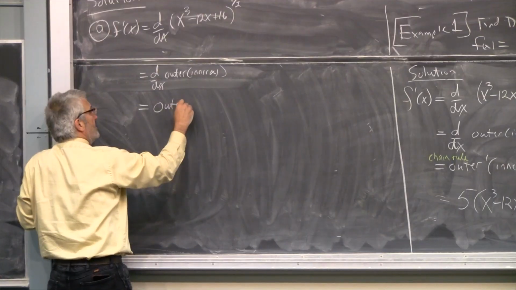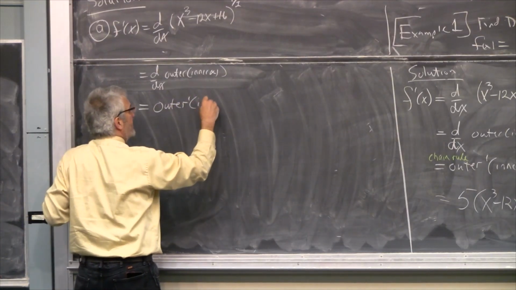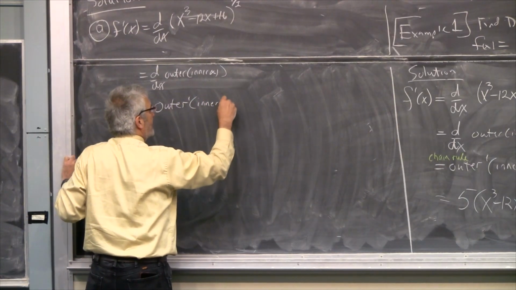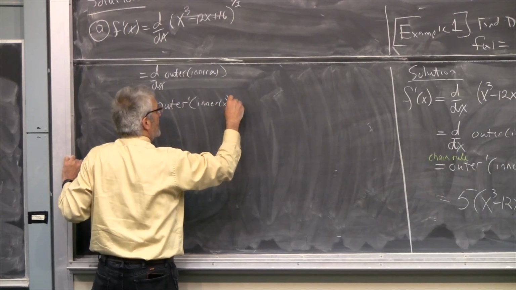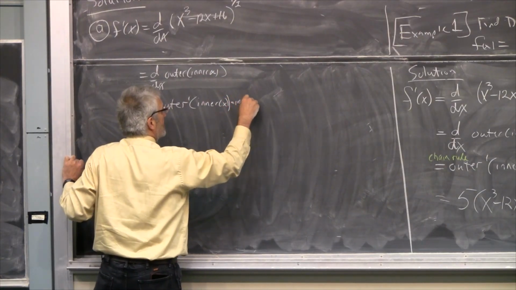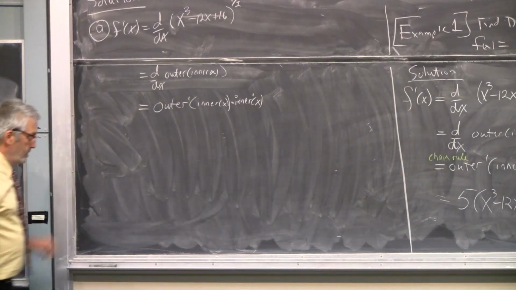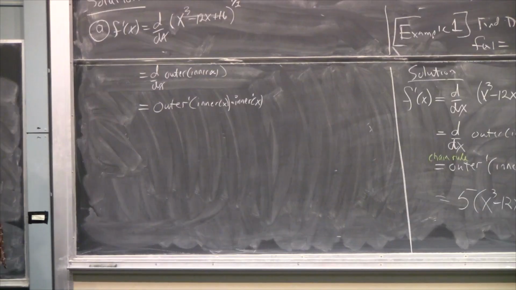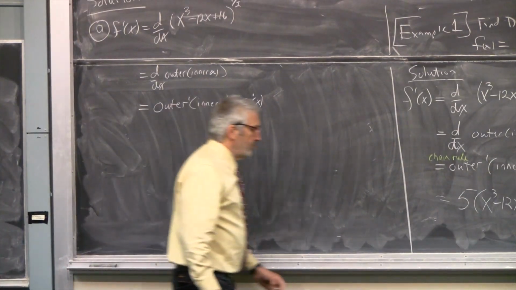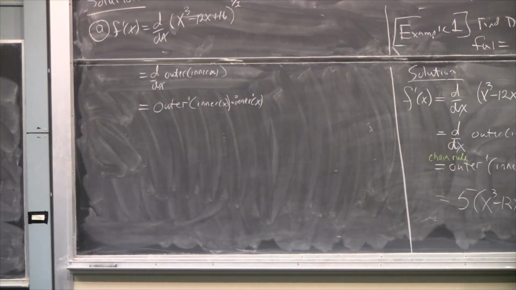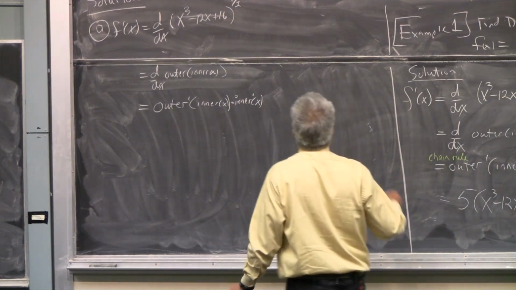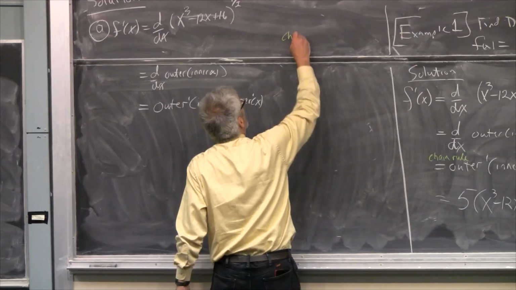Outer prime of inner of x times inner prime. Now, remember, I always do this, not just when I'm teaching. This is the way that I work. Chain rule dirty work.